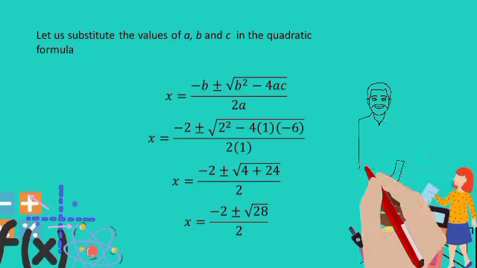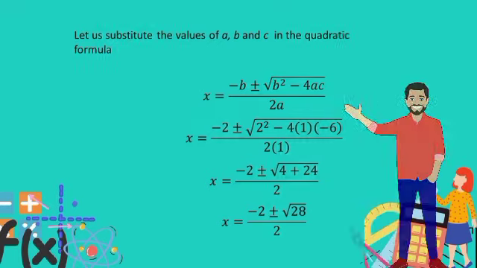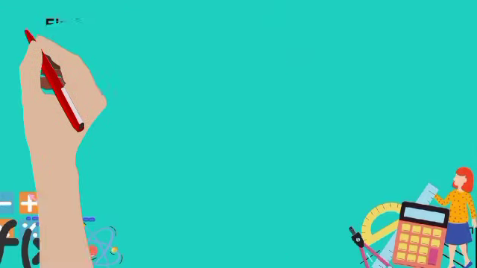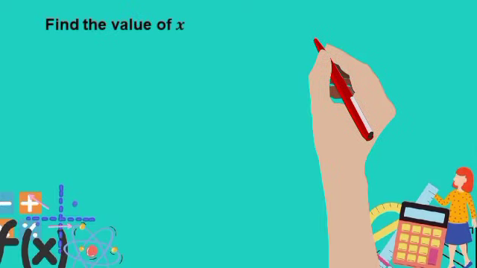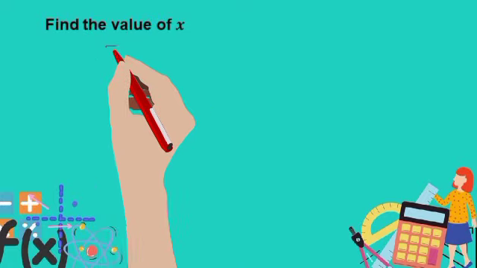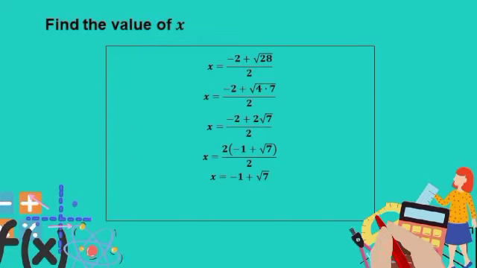And now, how should we find the value of x? To find the value of x, let us separate negative 2 plus square root of 28 all over 2 and negative 2 minus square root of 28 all over 2.